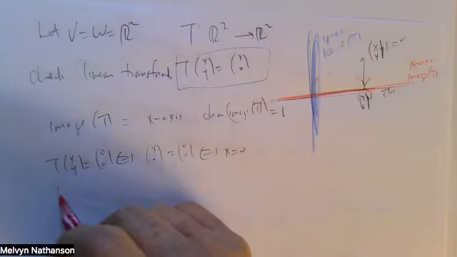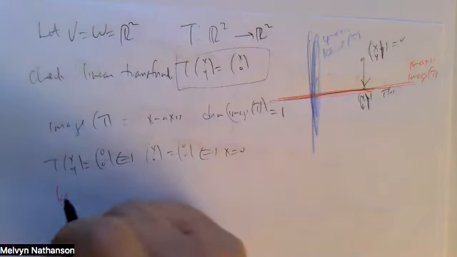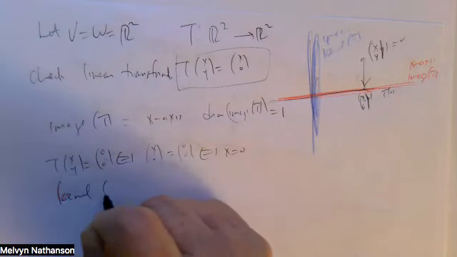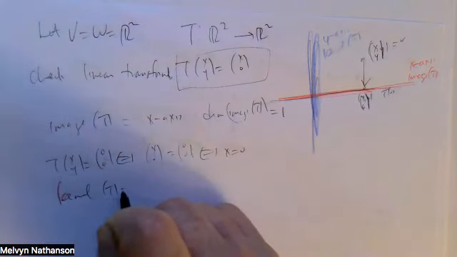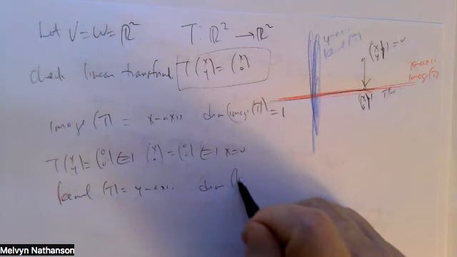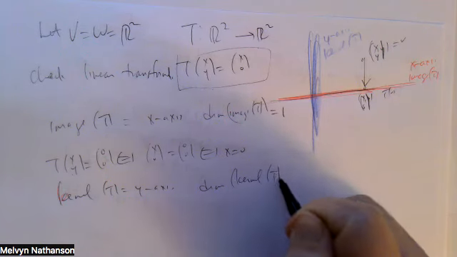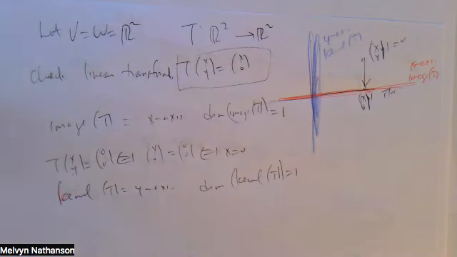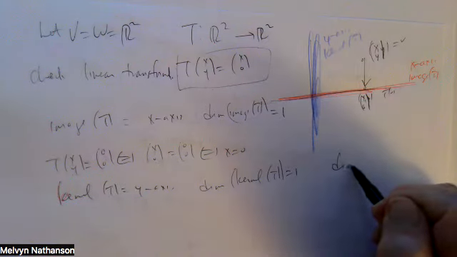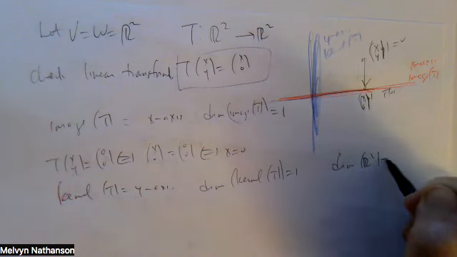And so the kernel of T is the y-axis, which is a one-dimensional subspace. The dimension of the kernel of T is 1. And the dimension of R2 is 2.